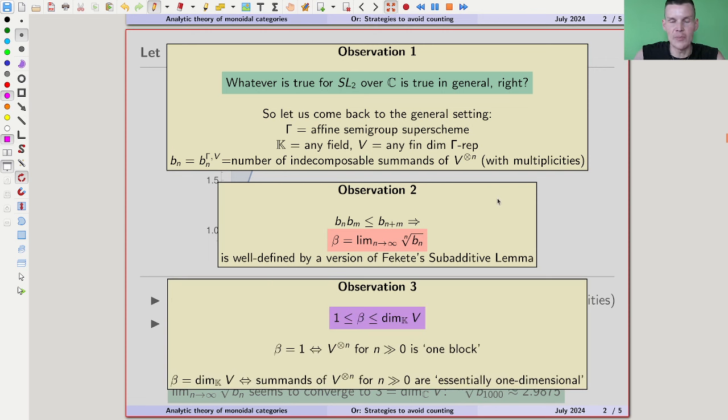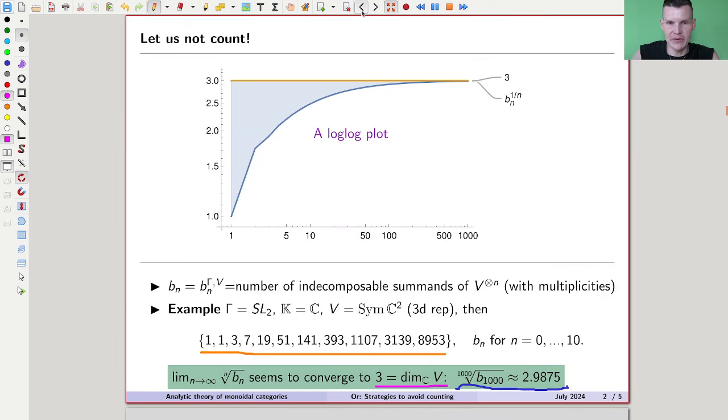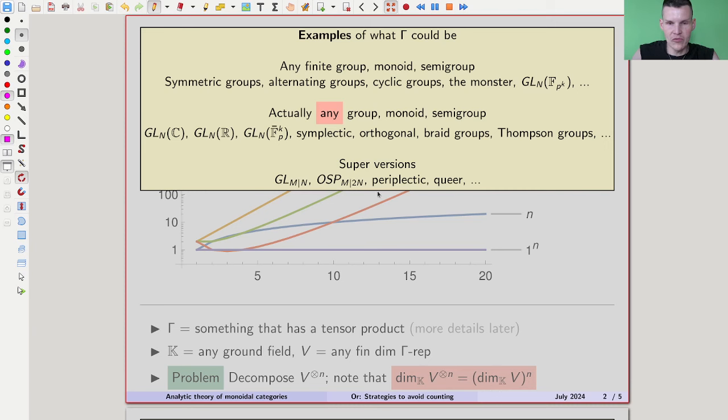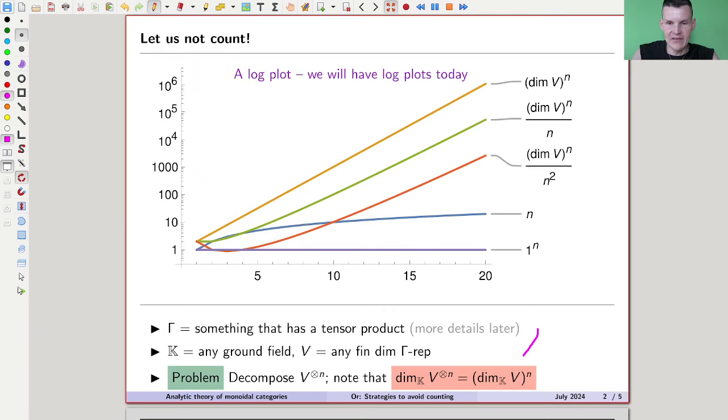Okay, and observation 3 is, beta cannot be smaller than 1. 1 just means it's indecomposable. You have one block. And it also can't be bigger than the dimension of the space, because the overall growth rate of the tensor power, remember, that was one of the first things I said, the overall growth rate of the tensor product is dimension of V to the n.